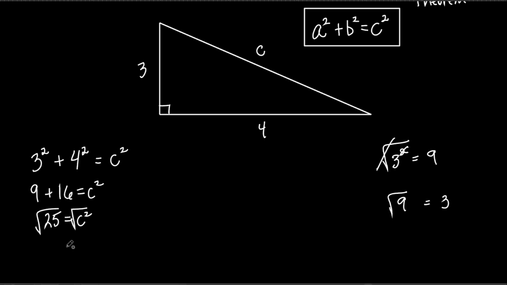You with me? So c equals, what's the square root of 25? That's easy. It's 5, right? 5 times 5 is 25. So c is 5. So what's the length of this hypotenuse? It's just 5, okay?